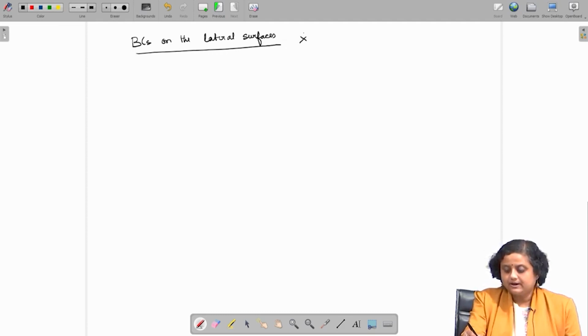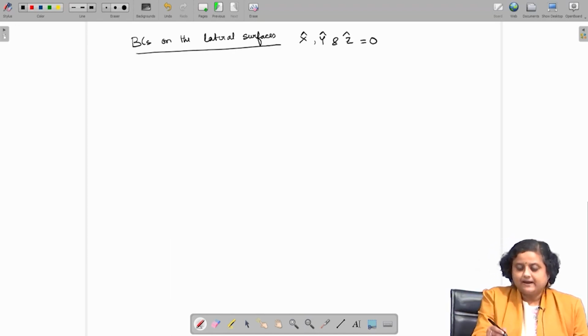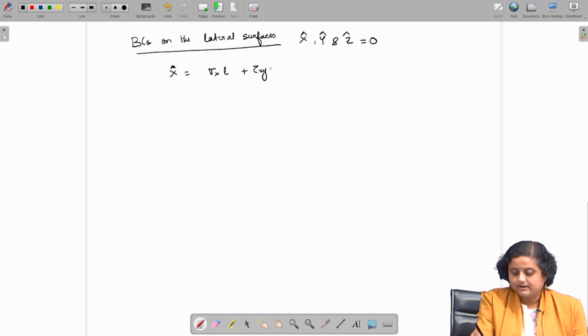So, on the boundary x hat, y hat and z hat are equal to 0, which are the surface forces per unit area. Now, we know that x hat is equal to sigma x L plus tau xy m plus tau yz n.